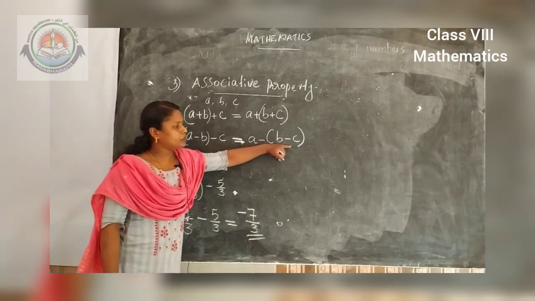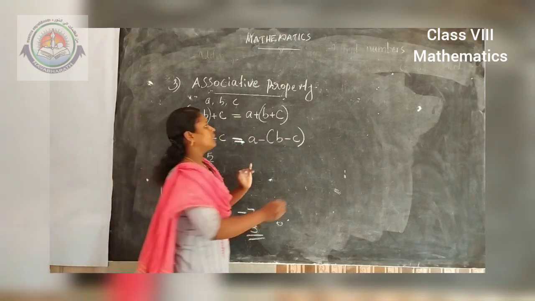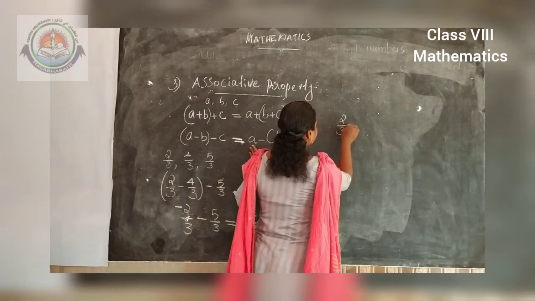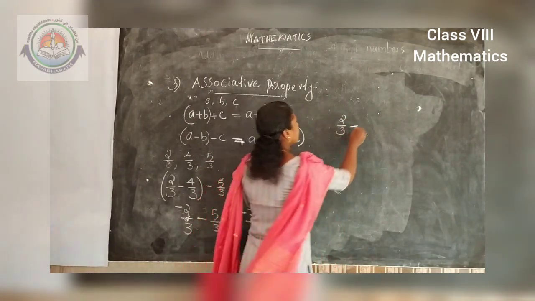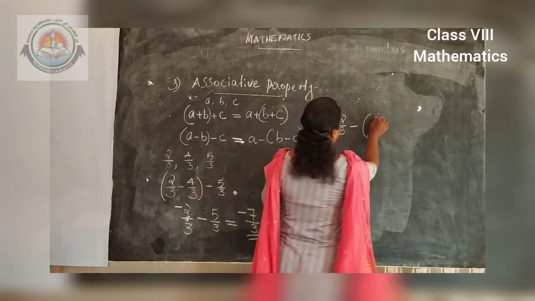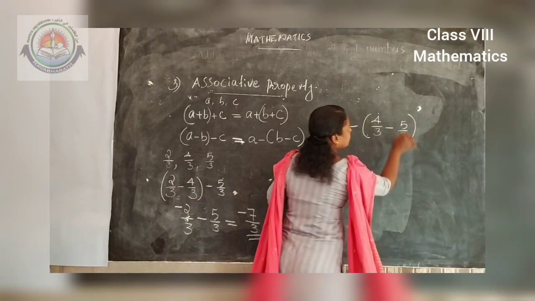Next, we need to check this part, a minus (b minus c). Here a is 2 by 3, minus b minus c. Our b is 4 by 3, so 4 by 3 minus 5 by 3.